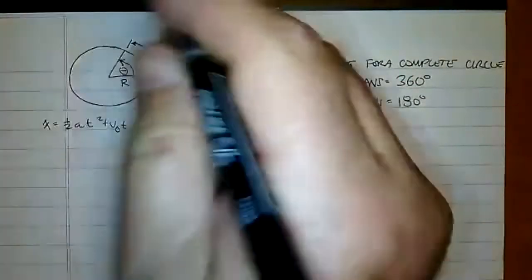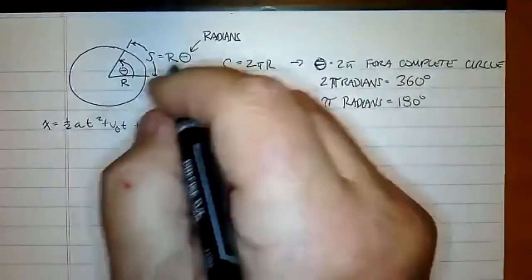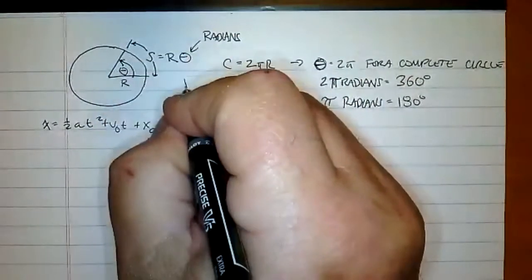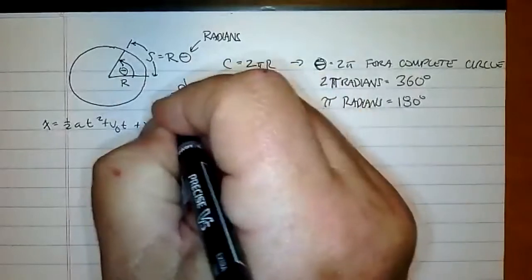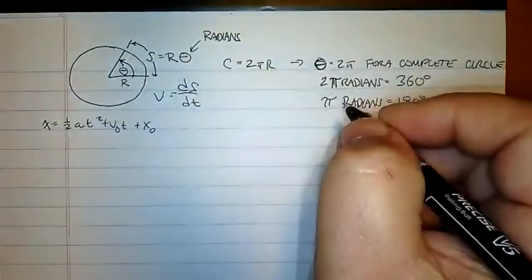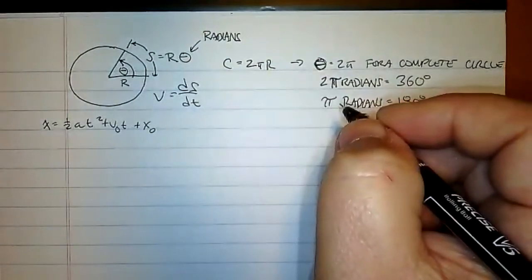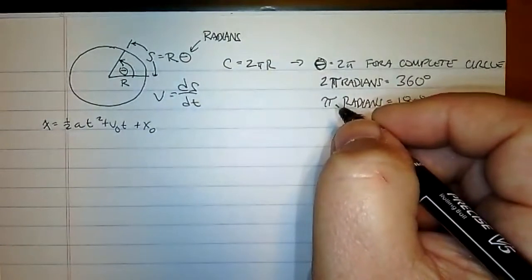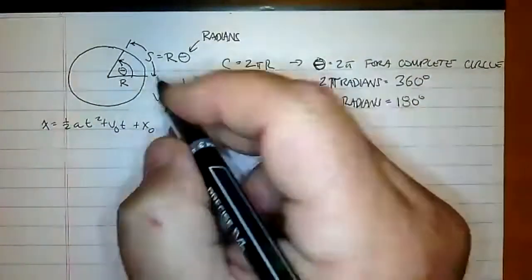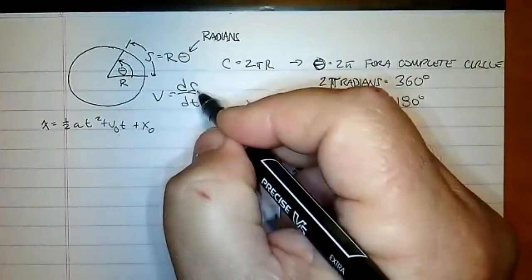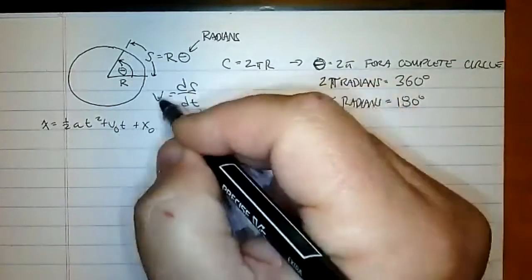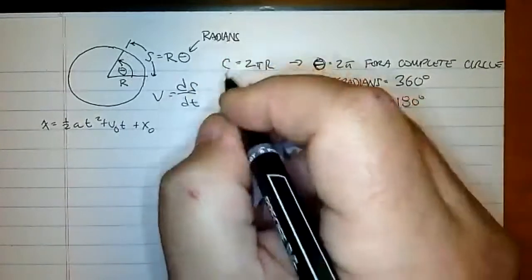And lo and behold, in order to do that, you've got to interpret some things. So for instance, ds over dt, that's the velocity. Does that make sense to everyone? The derivative of the distance you've moved with respect to time is equal to the velocity.